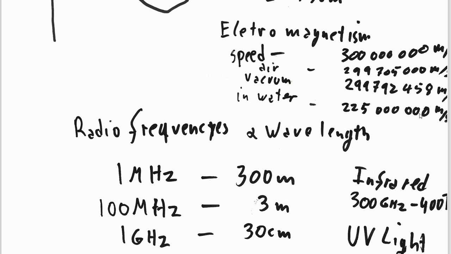Because a dense medium will actually slow down electromagnetic waves. It's the opposite way around. So if you generate sound waves inside a solid, like you knock on a door or you knock on a mountain, on rock, you can hear it for a long distance and it's very fast.